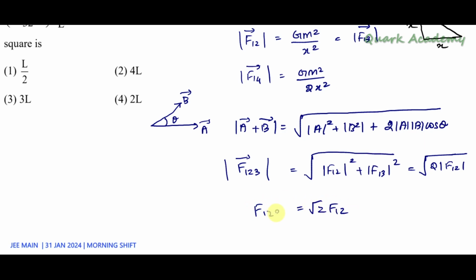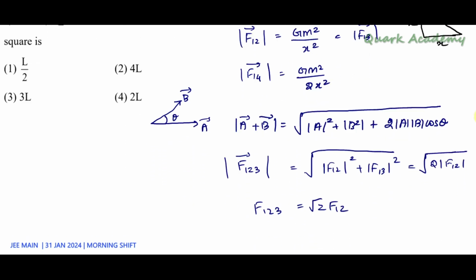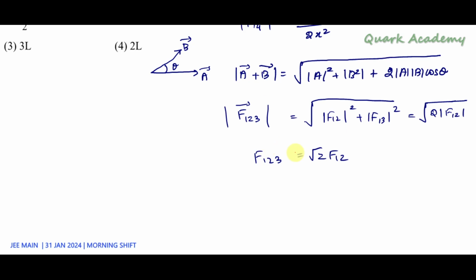So this is F123. Now if you look at the direction of this combination of two vectors, F12 and F13, it is going to act in this direction, which is along F14. So to find the net force, we can just add this F123 and F14. So F net is equal to F123 plus F14.